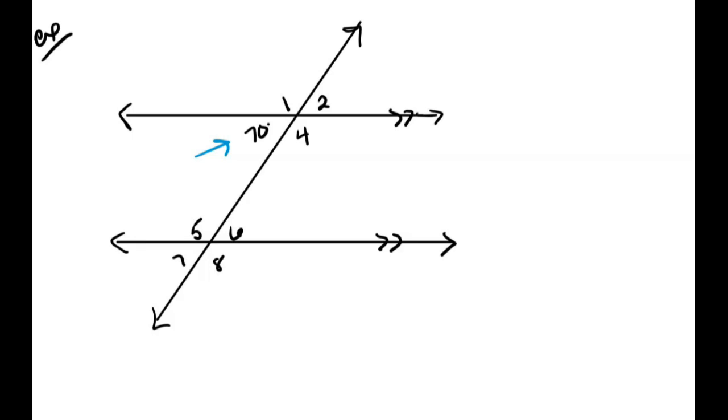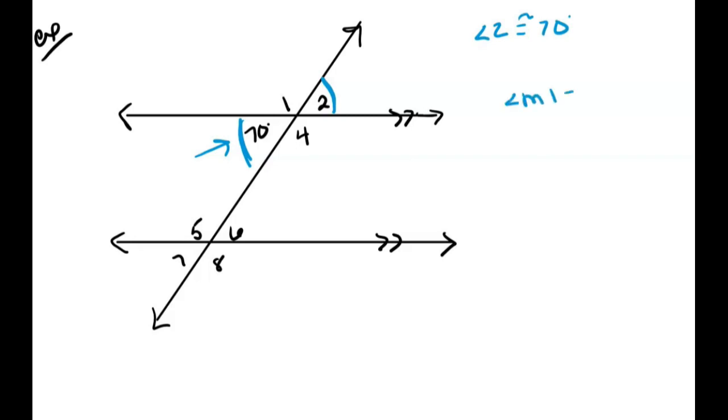So if you look at this 70 degree angle and angle 2, you would notice that they are vertical angles. We were practicing this last time. And vertical angles are congruent. So we know that angle 2 is congruent to 70, meaning its measure is 70.